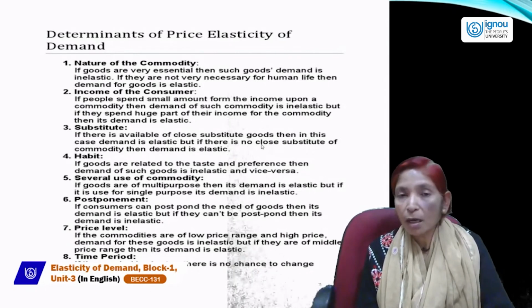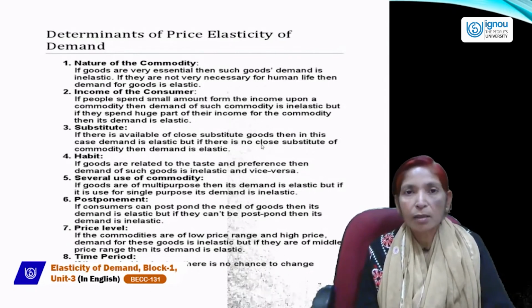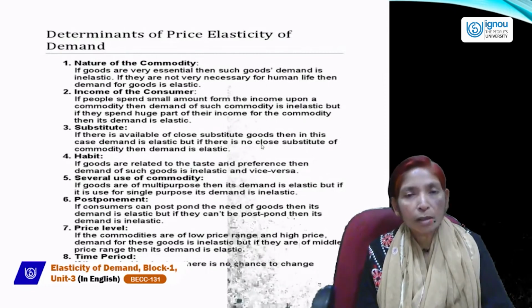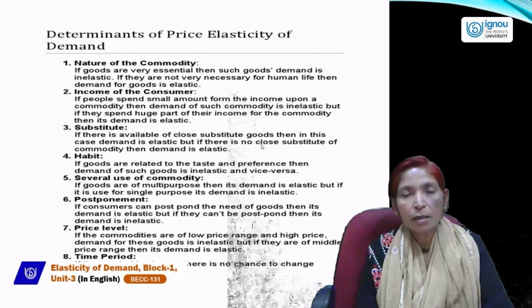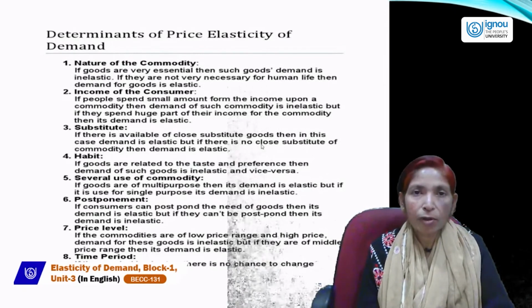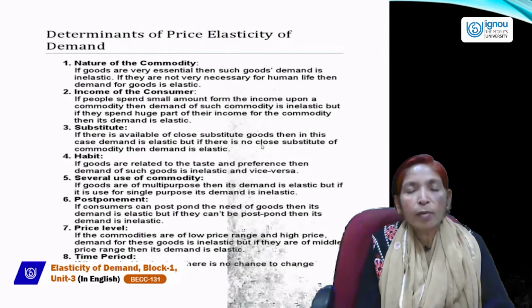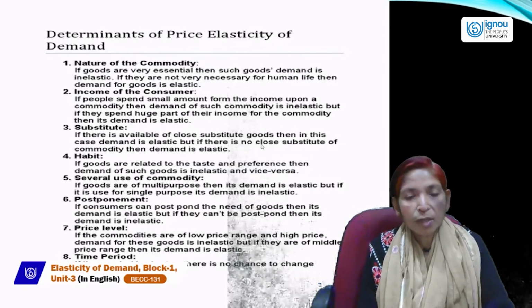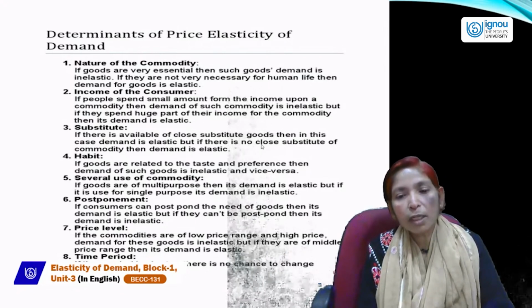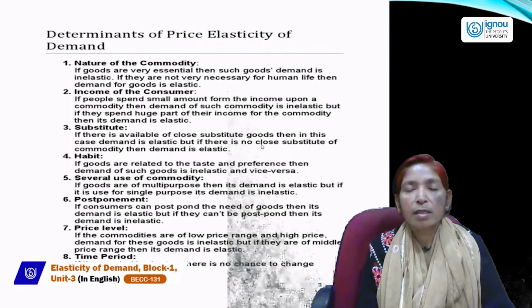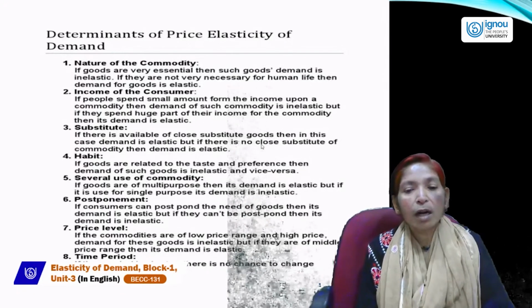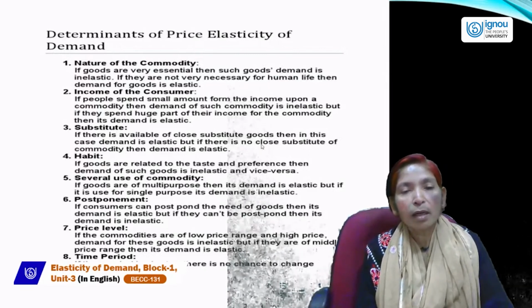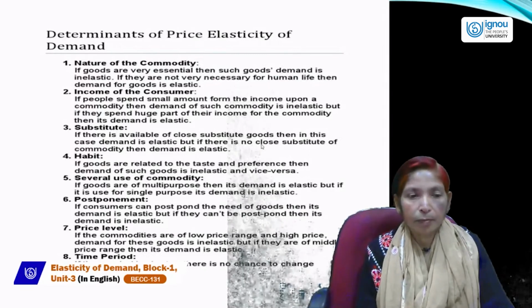If our demand can't be postponed for the future, like food demand, water demand, salt demand, milk demand, that type of demand is called inelastic demand. So if the consumer can postpone the need of goods, then its demand is elastic. But if they can't be postponed, then the demand will be inelastic.